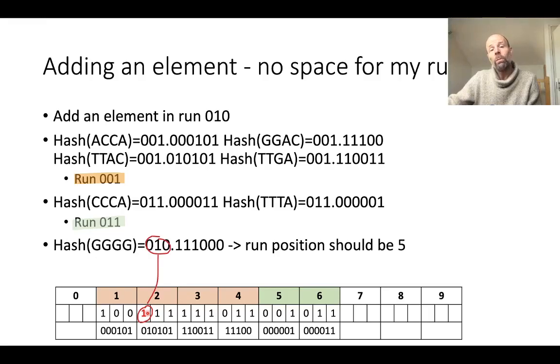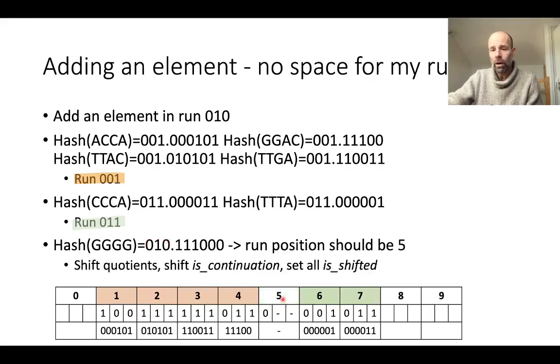I find the position where I should put the run corresponding to quotient 2, and it falls to position 5. Again, we are going to see in the next few slides how to find this position 5. In position 5, I have already a run that starts, so I'm going to shift everything that starts here to the right. And this is what I do.